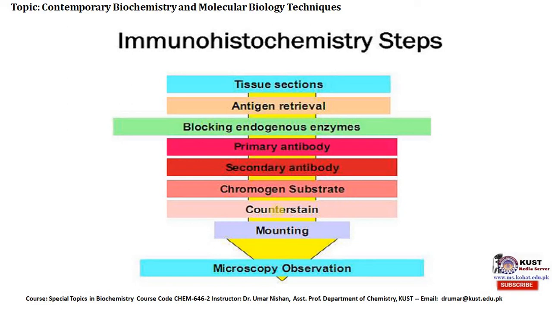The visualization of the secondary antibody will tell us that primary antibodies are present, and the primary antibodies' presence shows that the antigen or the protein that we are looking for is also attached.